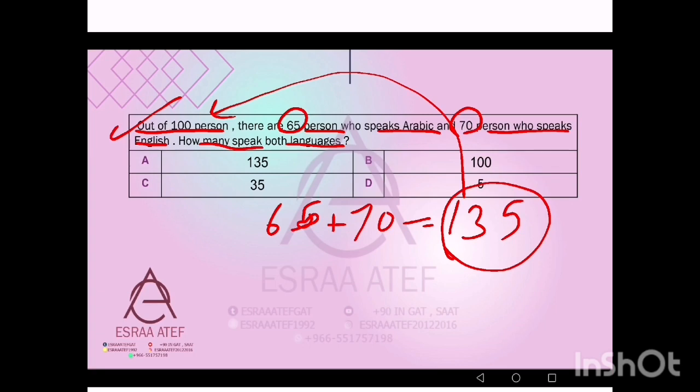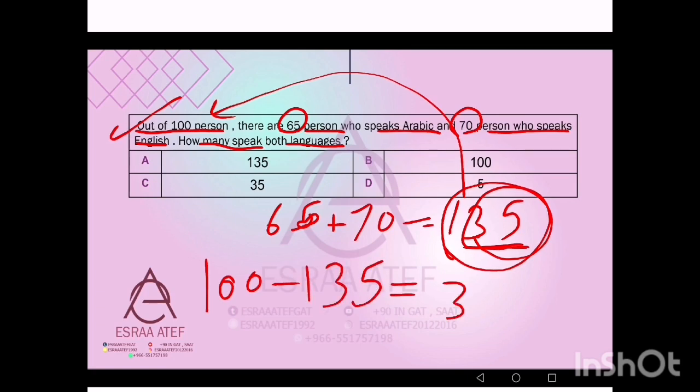So the people who speak both languages are the increase over the normal number, which is 100. So 135 minus 100 is 35, so they are 35.